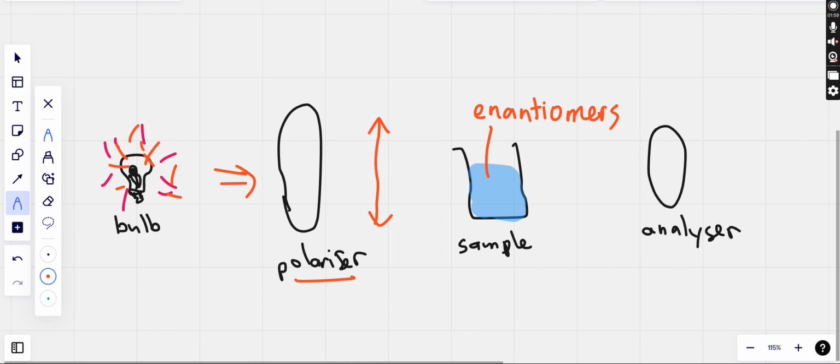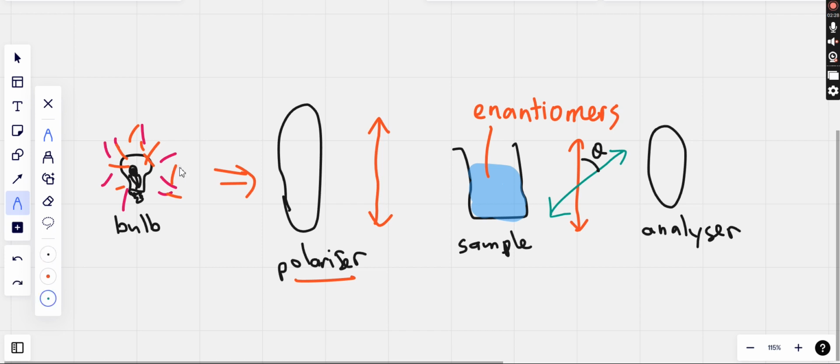Let's say this is your original light that oscillates up and down. After it passes through the sample, it will get rotated to something like this. It can rotate either right or left, clockwise or counterclockwise, and is rotated by a certain degree, theta.